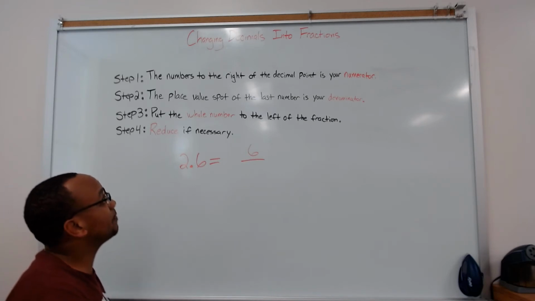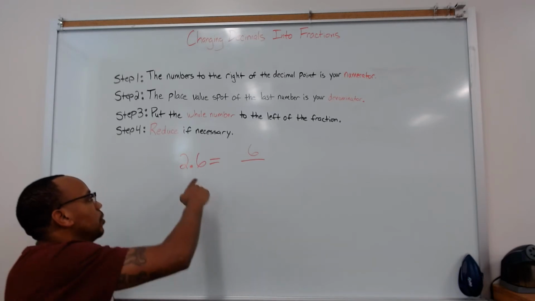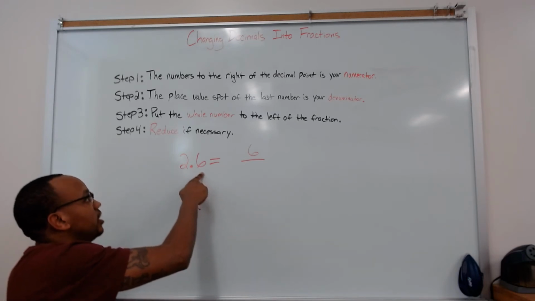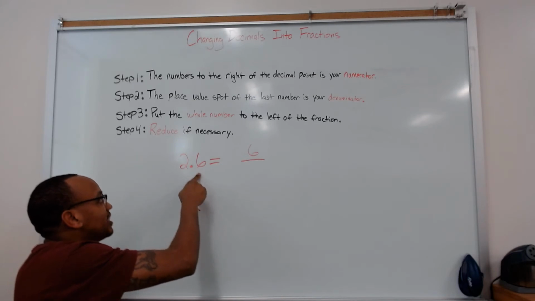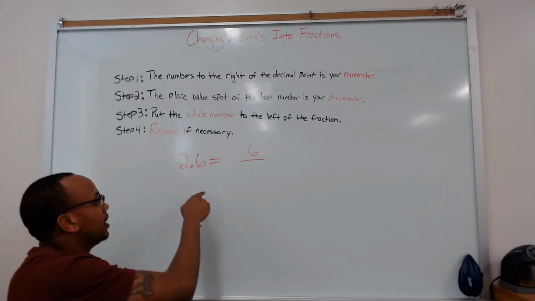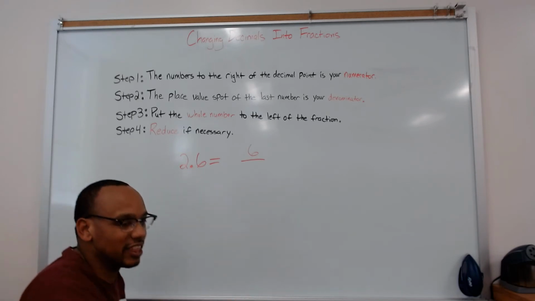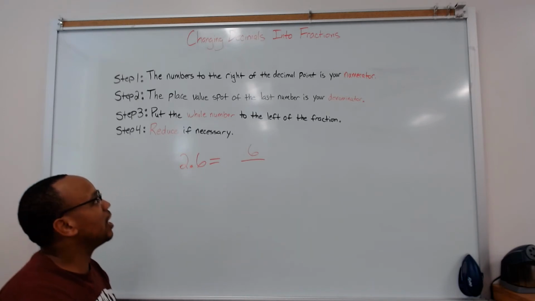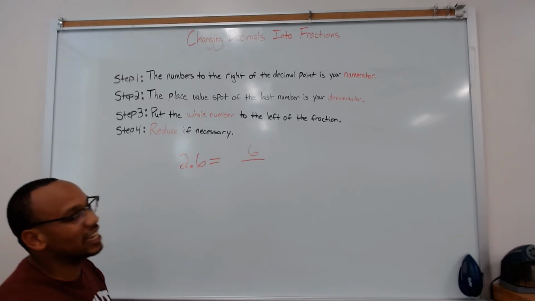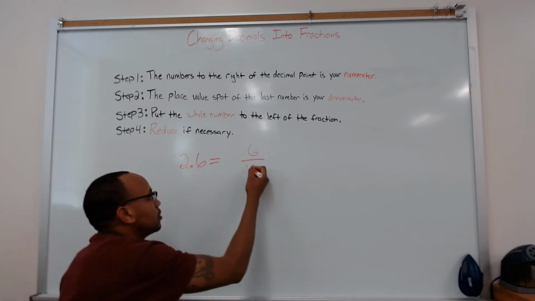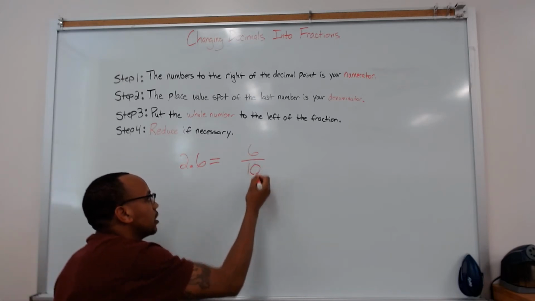The place value spot of the last number is your denominator. The 6 is the last number. The spot that the 6 is in is my denominator. The 6 is right behind the decimal point. It's in the tenths place. So that means tenths is my denominator. So I put 6 over 10.